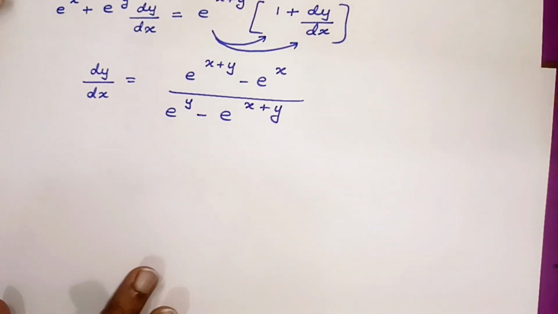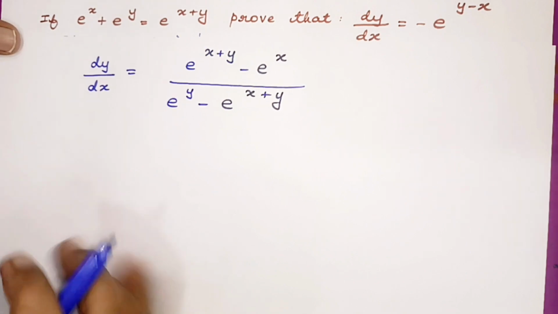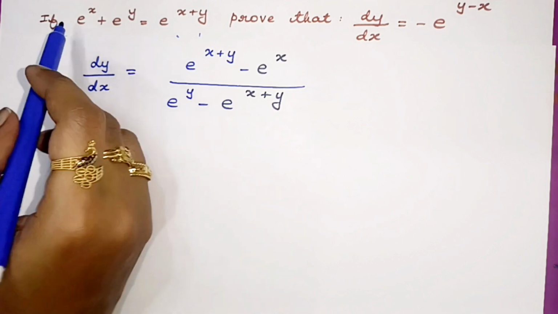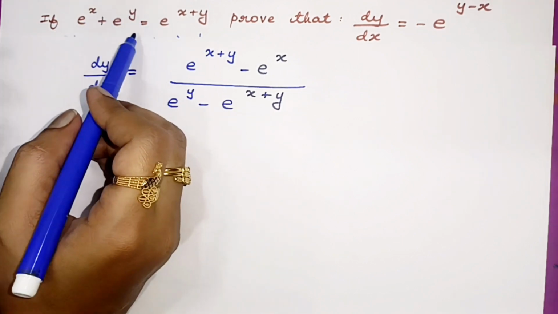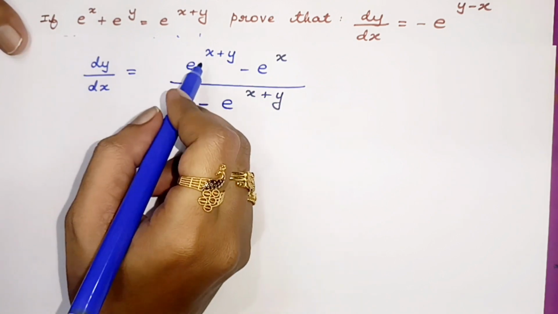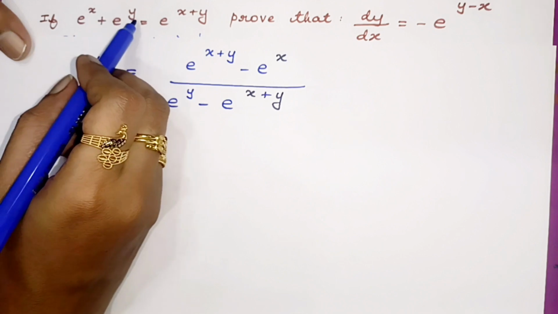Now, in the question, what is the clue they have given? In the question itself, they have given that in the place of e power x plus y, we could replace it as e power x plus e power y. So, we shall change this value now. In the place of e power x plus y, I am going to keep e power x plus e power y.